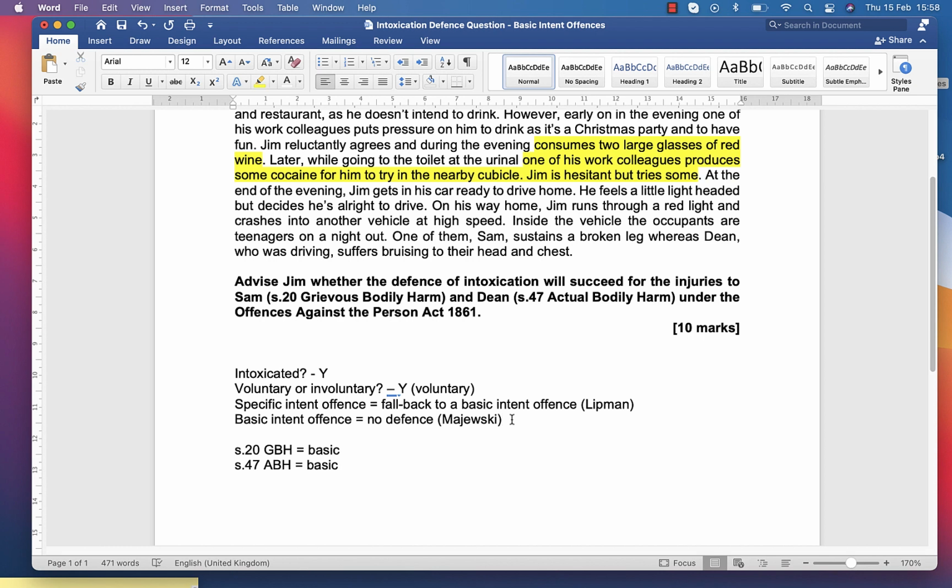And the useful AO3, assessment objective 3, analytical and evaluative comment we could make here is the public policy reason is they do not want to have a position where a defendant can be intoxicated, commit a crime and have a full defence, because it would not protect the public or indeed offer any justice. There would be no confidence in the criminal justice system if all it took was someone to say, yeah, I was drinking, and there's a complete defence there. So there is trying to be a balance here.